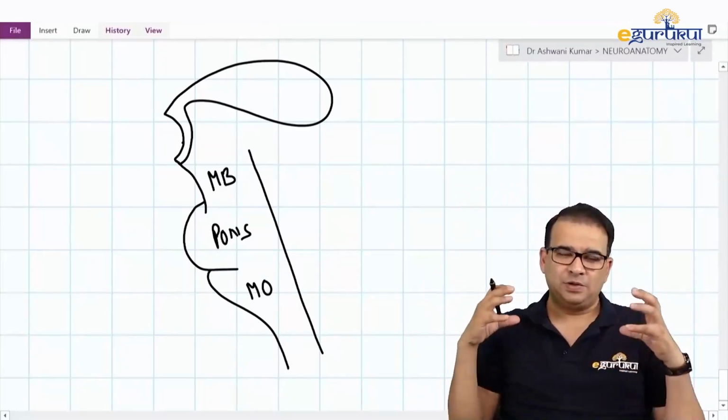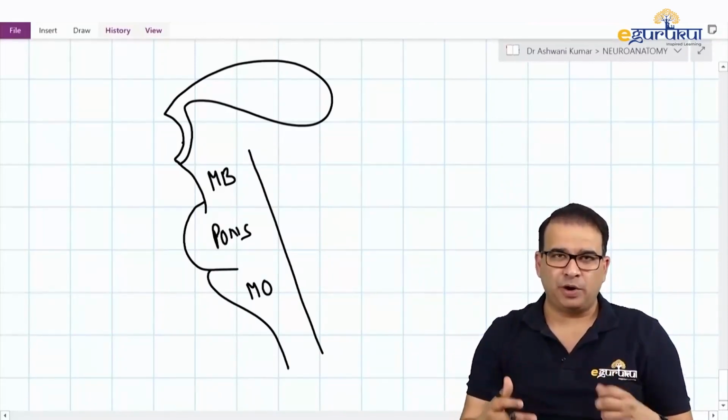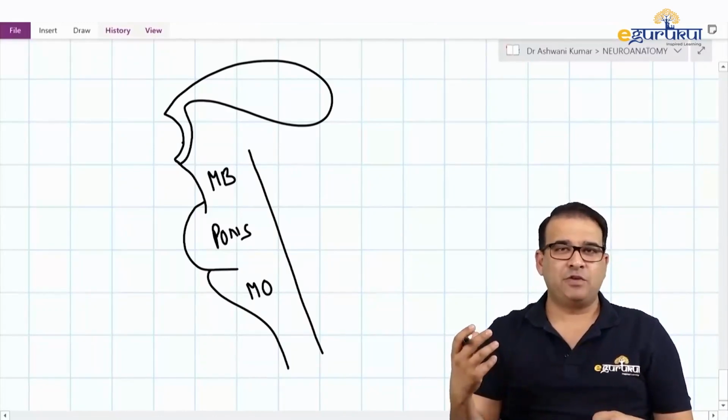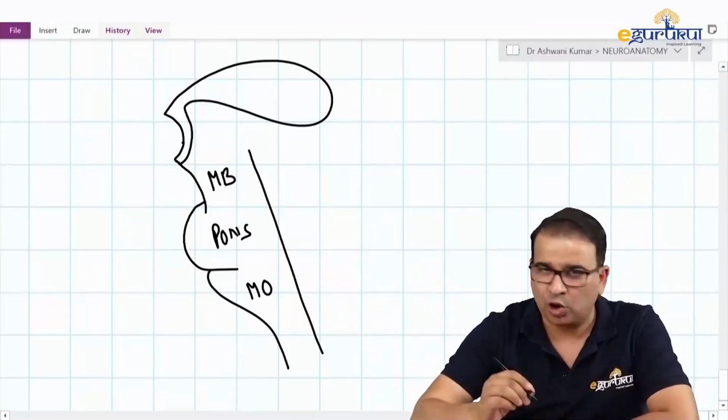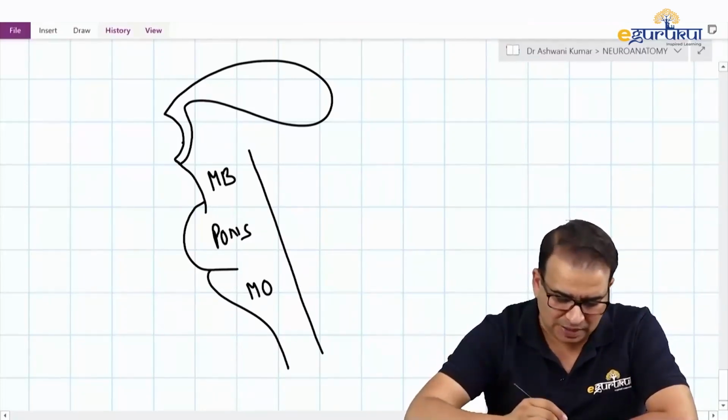But yeah, from the attachment point of view or development point of view, the cerebellum was derived from the same metencephalon, which is giving rise to pons. So just make sure when you draw the cerebellum, it should be mainly behind the pons.